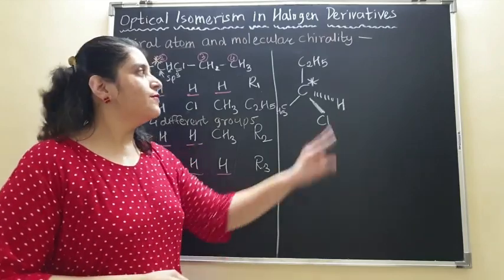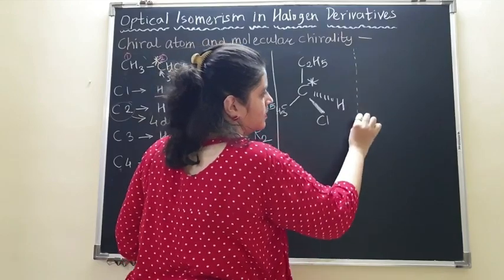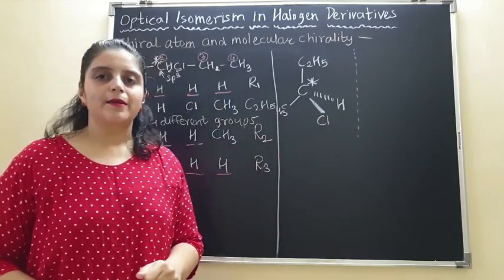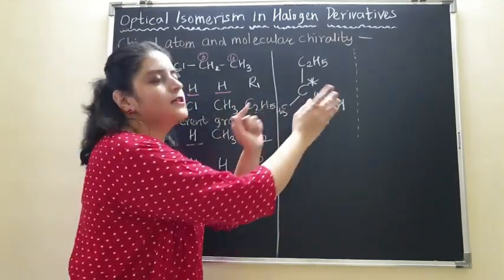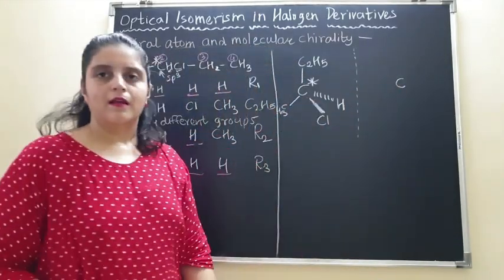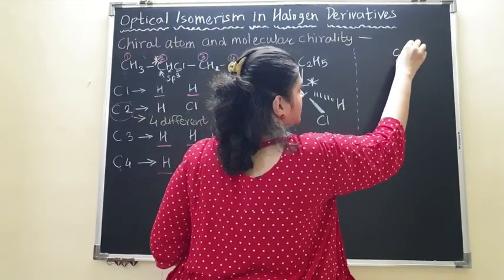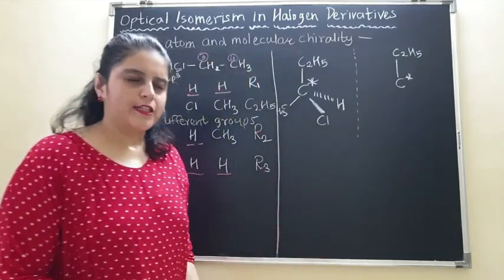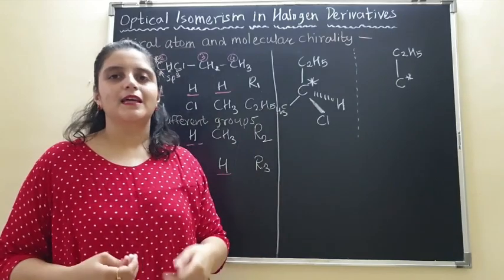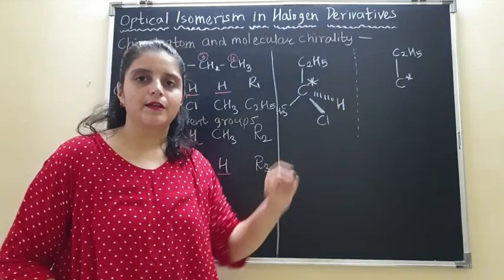Now what we are going to do is draw its mirror image. Imagine that the mirror is kept over here, and if I want to draw its mirror image, it should be exactly opposite of this structure. Chiral carbon. C2H5. Then if I just assume this imaginary line to be the reference line, something that is on the right side should go on the left side in the mirror image.